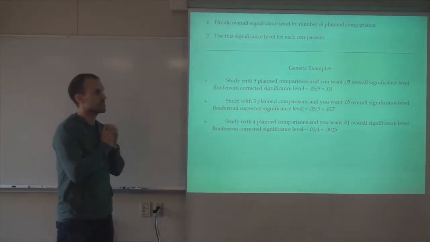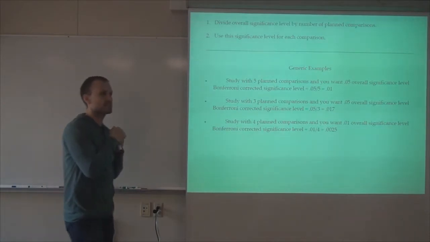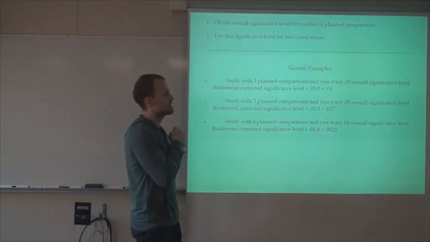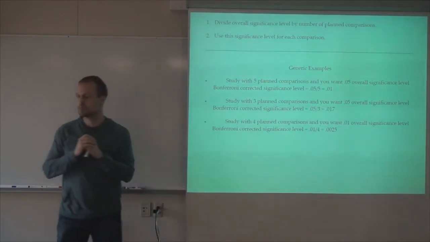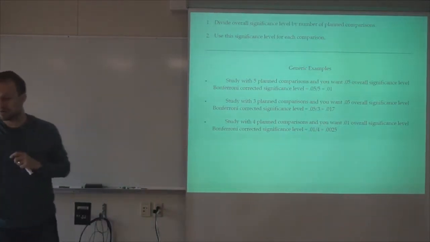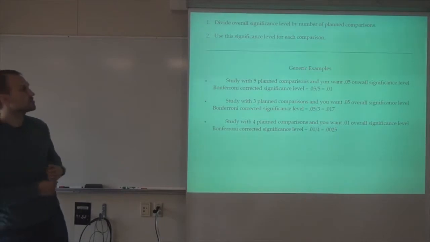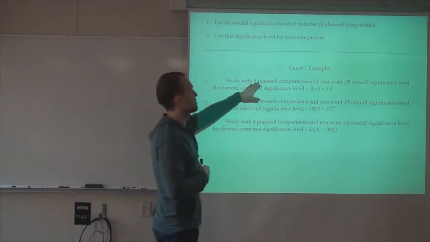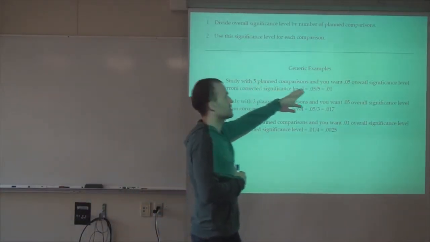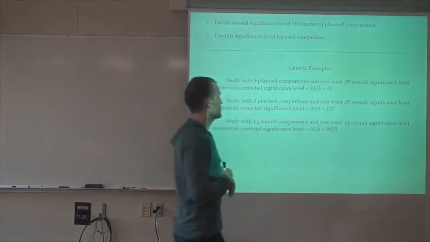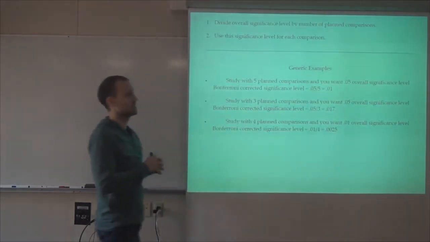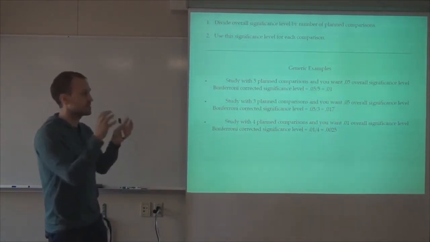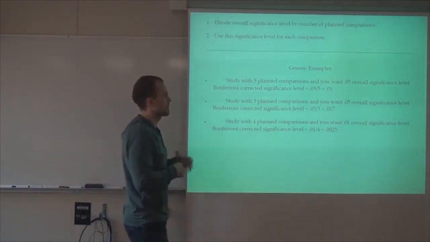So I'm not going to reject it as easily, but overall I'm not running the risk of a type 1 error as much. So for example, if I have 5 planned comparisons and overall was a 5% alpha, I would divide that by 5 to get an alpha of 1% if I do it one pair at a time.